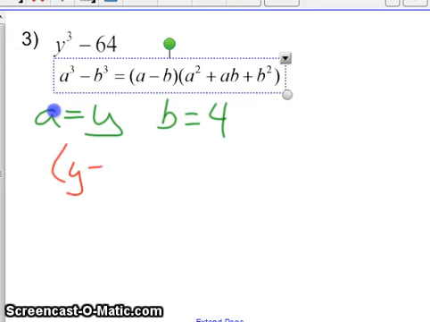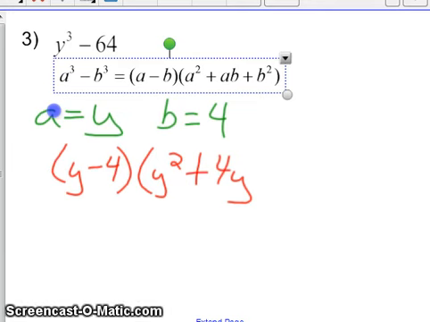So I have y minus 4, and then a squared is y squared, plus a times b is y times 4, that's 4y. And then b squared is 4 squared, that's 16. We good?